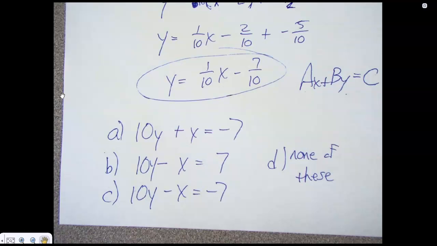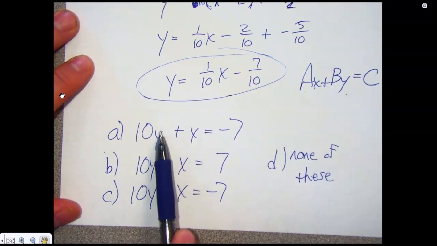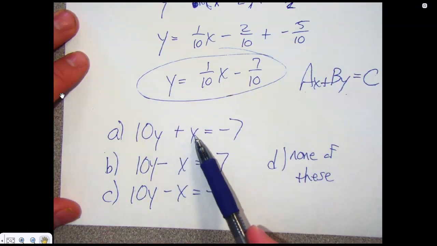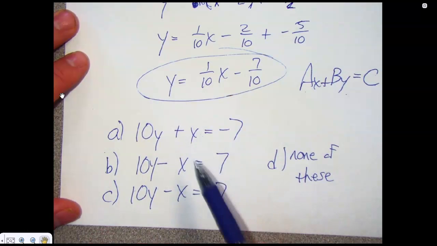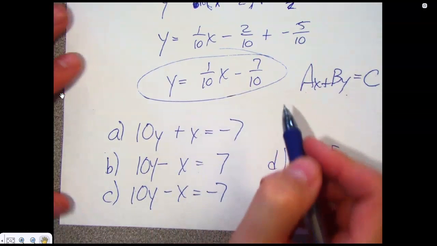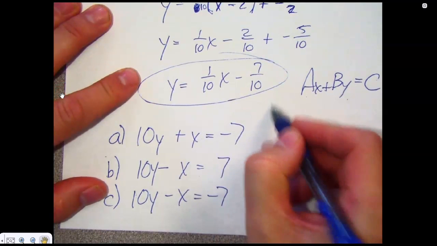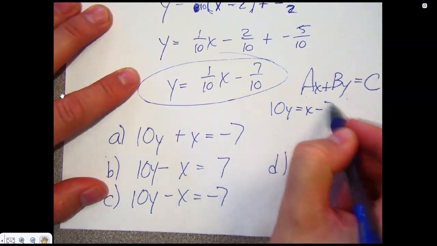So there's kind of two ways you could get here. You could start with all of these answers and solve them for y, like work backwards to see which one, but that's a pain because if the first one doesn't work, you've wasted your time. You know what I mean? So I would multiply everything by 10 right away. So then I would get 10y equals x minus 7.